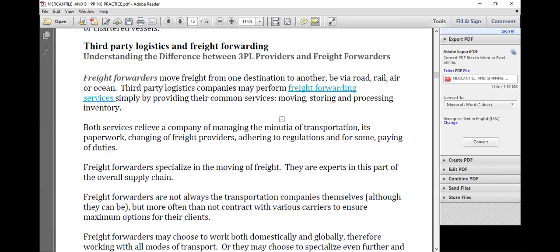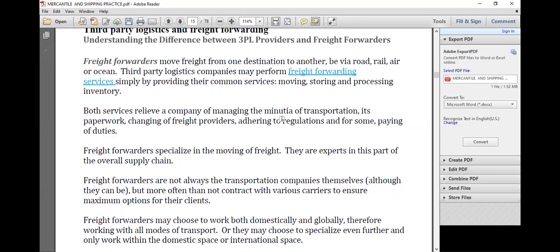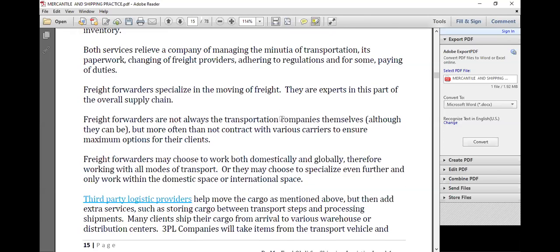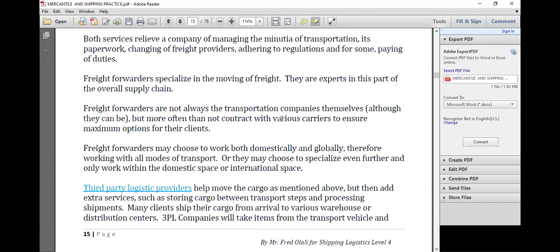They are experts in this part of the overall supply chain. So they're mostly specialists in the movement of freight from point A to point B, that is from the port of loading to the port of discharge, and even beyond to the importer's premises.